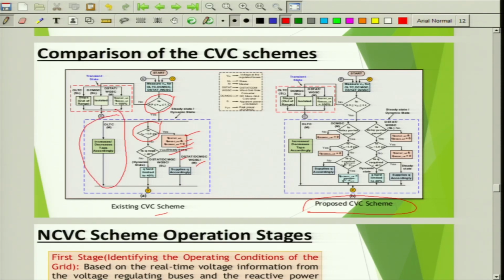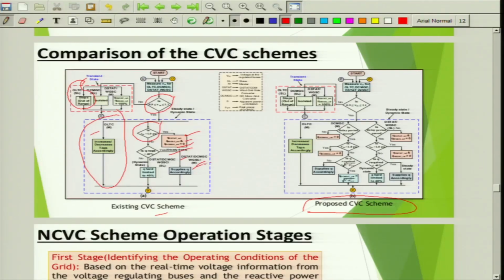OLTC would do its action as I already indicated. It would sense the voltage, and if the voltage deviation is beyond the dead band and the deviation exists for some minimum duration, then it would change the tap accordingly. Now, this is the action, and during the transient state OLTC cannot act, hence we consider OLTC to be in slave mode.